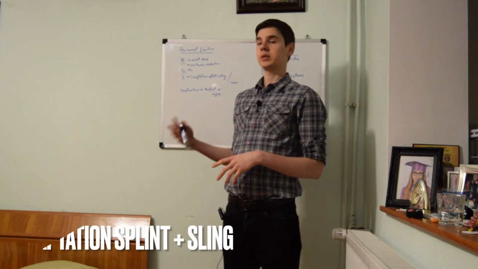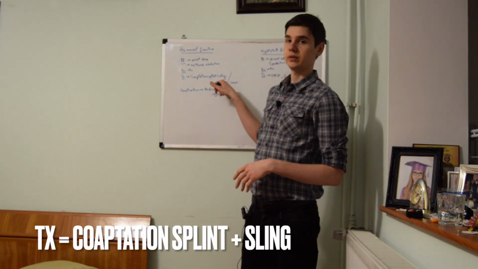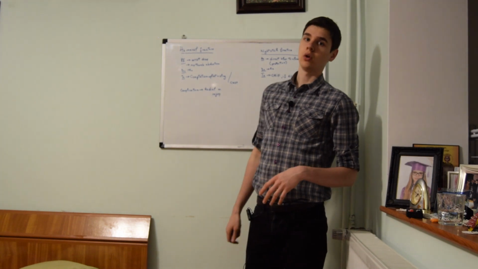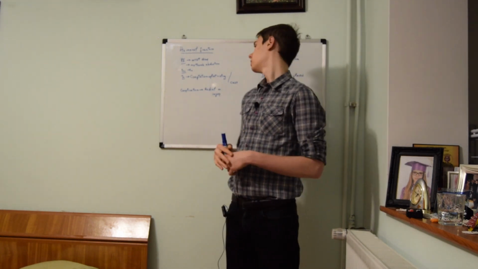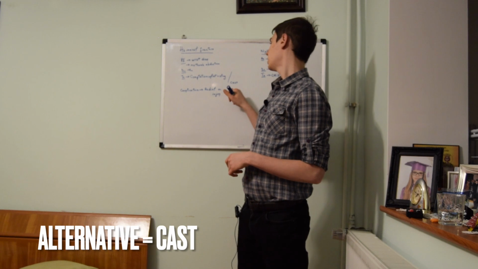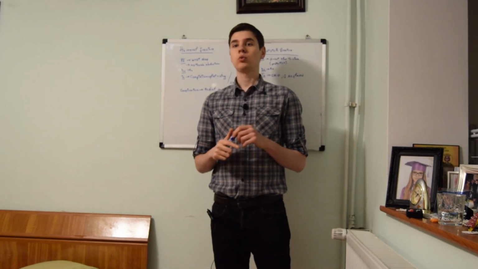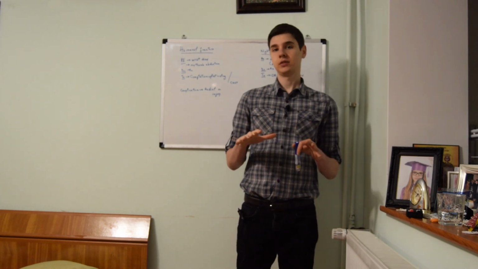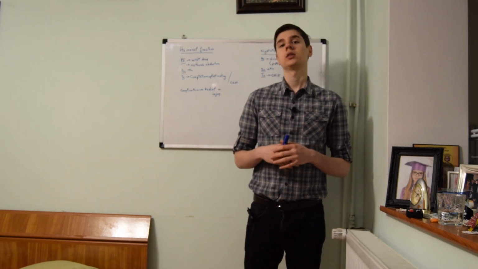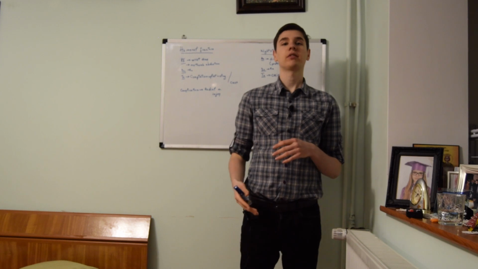The treatment can be a coaptation splint with sling, or one of the answers on the questions might be a cast. Commonly, on Step 1, you will be asked what nerve is injured when there's a midshaft fracture.